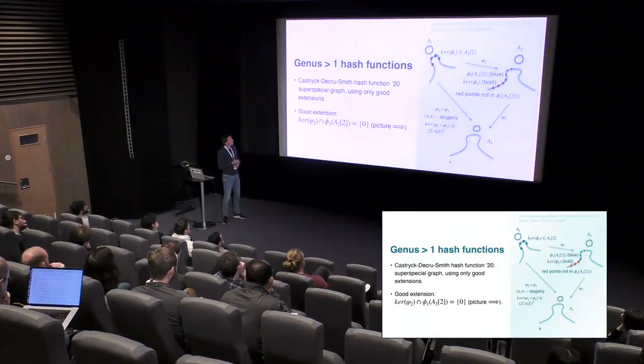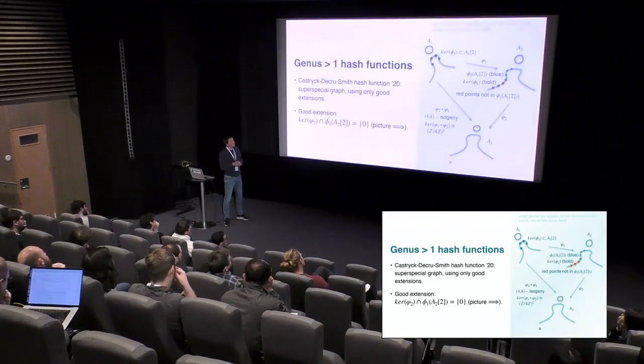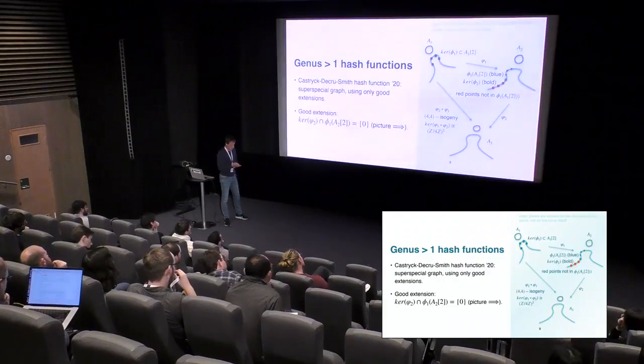But then in 2020, Castryck, Decru, and Smith fixed this by taking a smaller graph, a supersingular graph, which is a subgraph of what Takashima used, and they used only good extensions, which means that the kernel of this isogeny phi2 trivially intersects with the image of this group, so it intersects only in one element.